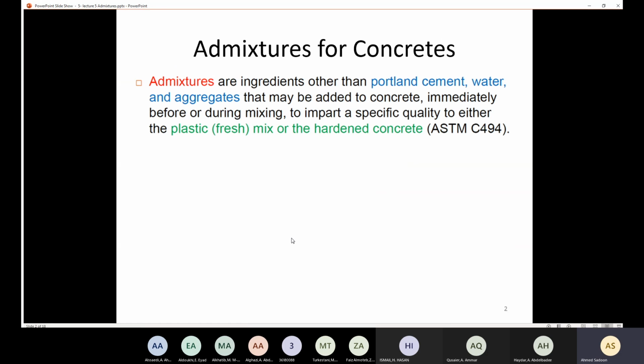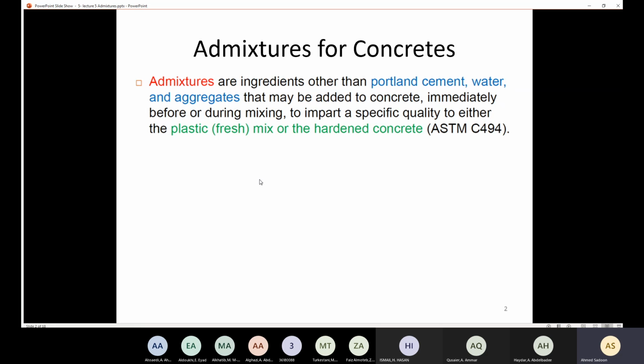So admixtures may be added to concrete immediately before or during the mixing process. The purpose of the admixtures is to enhance specified qualities of plastic mix or hardening concrete.